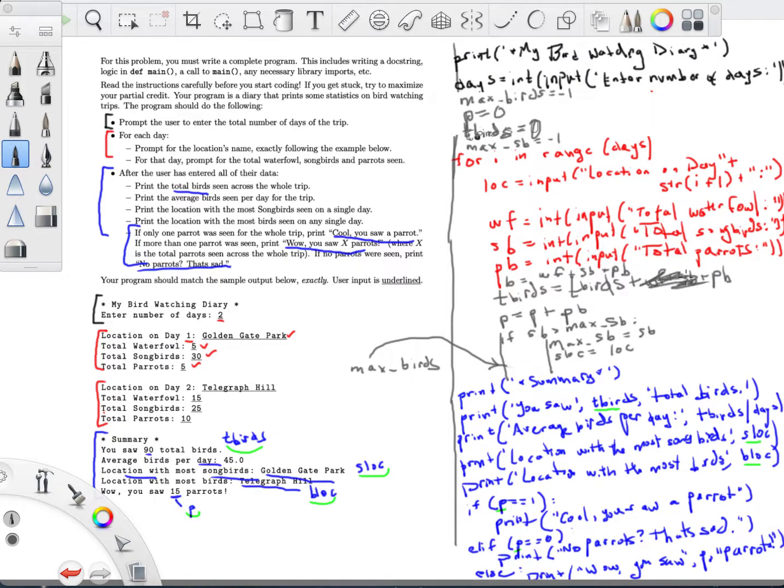Then I could have just said this, tbirds plus B. I could say if B is greater than max birds, then max birds equals B, and B-loc equals loc.